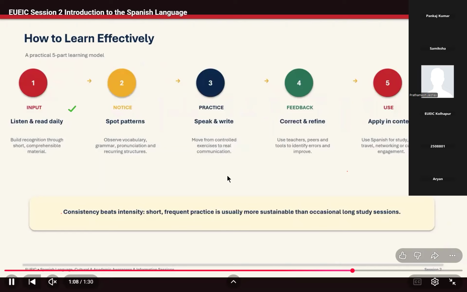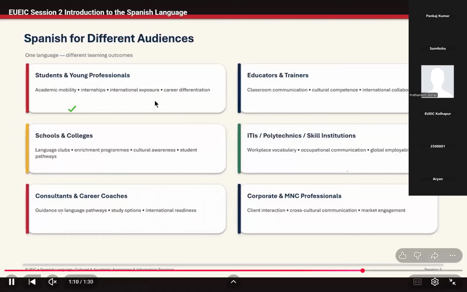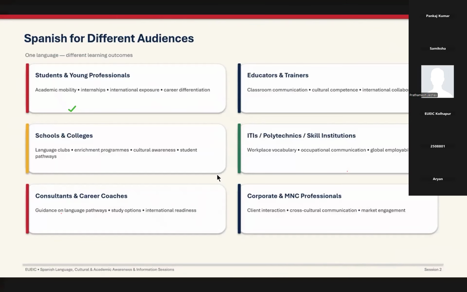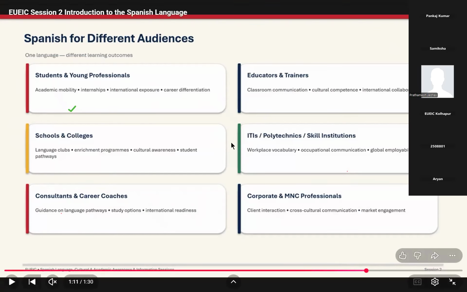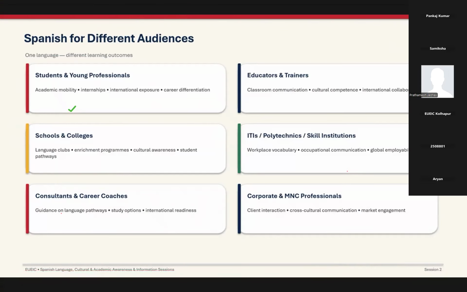Okay. Next, you have Spanish for different audiences. Now, this is very important. Why? Because there's a very stereotypical thing about learning Spanish language. Spanish language is not only for entertainment purposes. Nowadays, Spanish language is emerging as a very important language in the business sector as well, and the education sector as well, schools, colleges, universities.